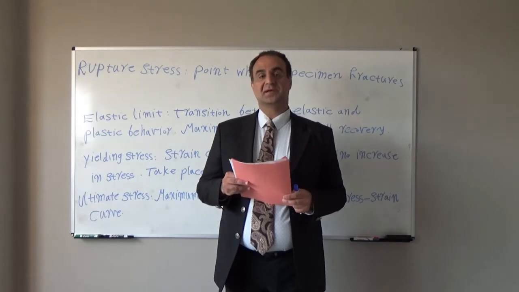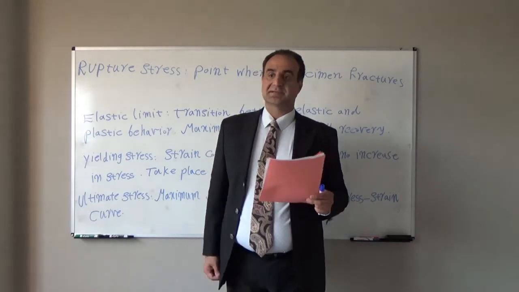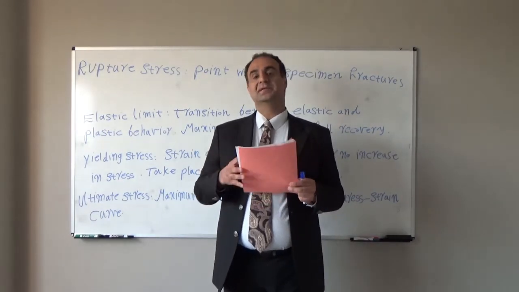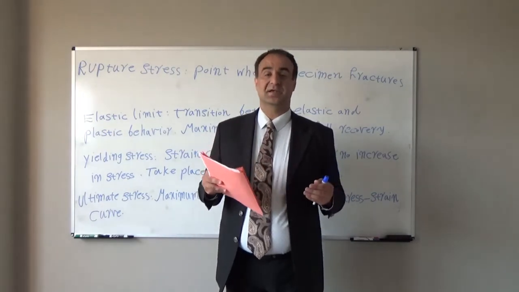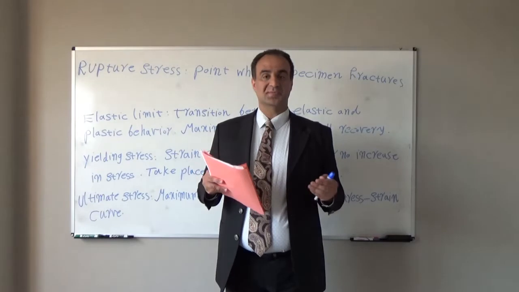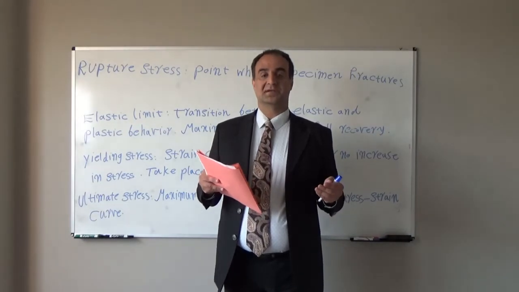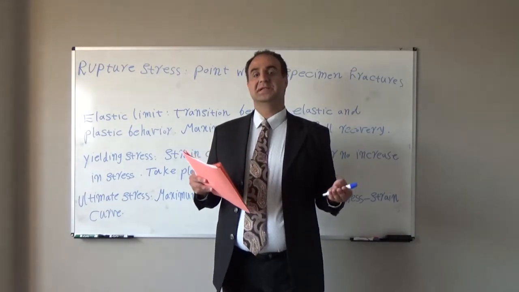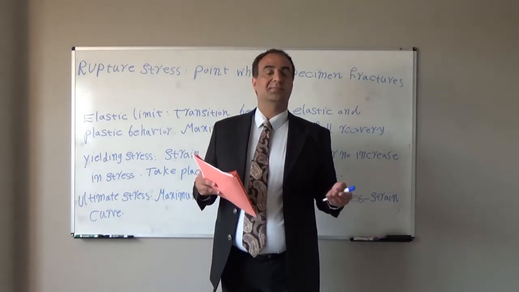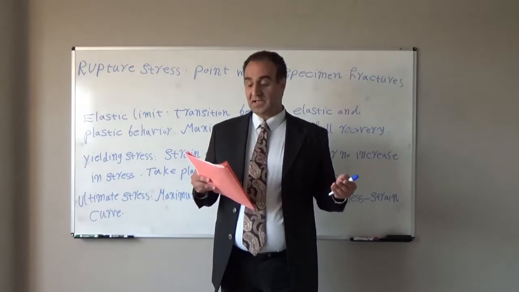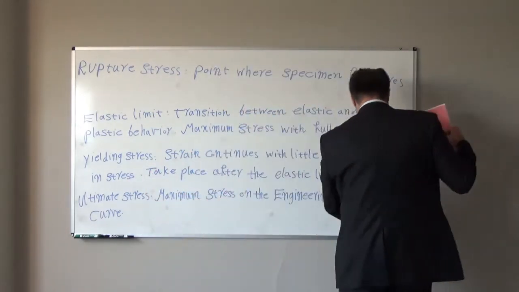Those materials, we call brittle material. Some materials, if we apply tension, before fracture or failure, we will see a lot of deformation. Those materials, we call ductile material. Ductile materials are, for example, steel, copper, aluminum, or rubber. Let's define those.